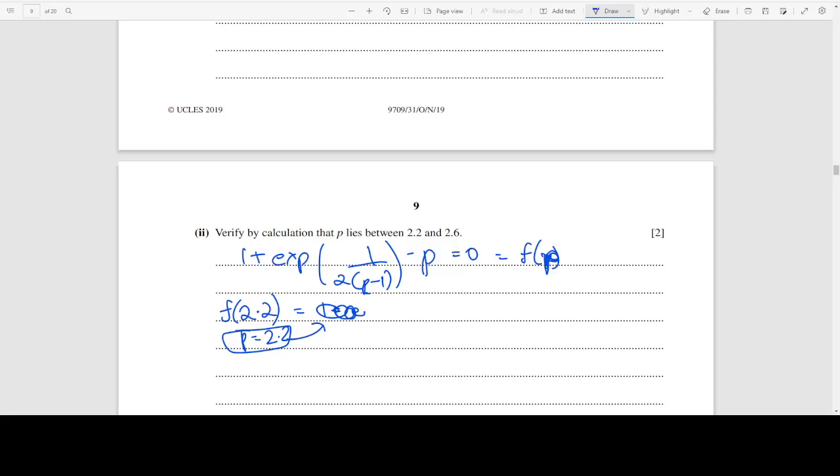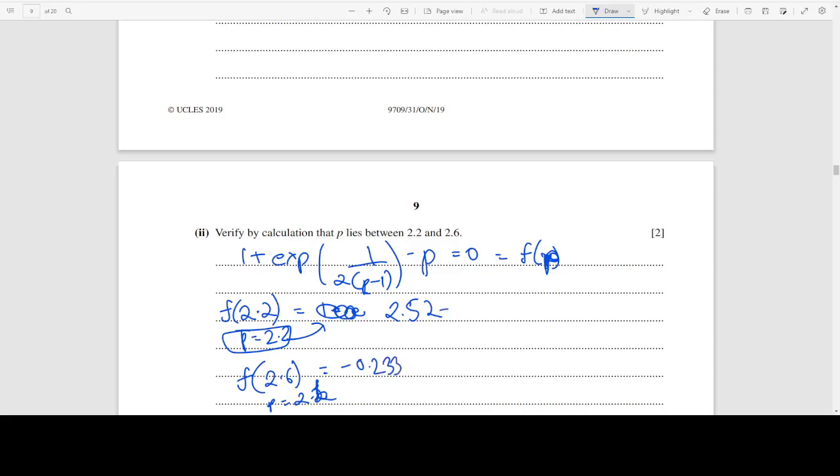So I just use my calculator, and we get 2.52, and for f of 2.6, p equals 2.6, we get minus 0.233.